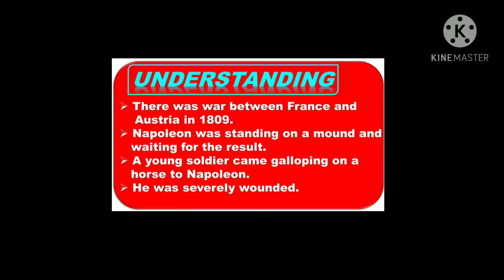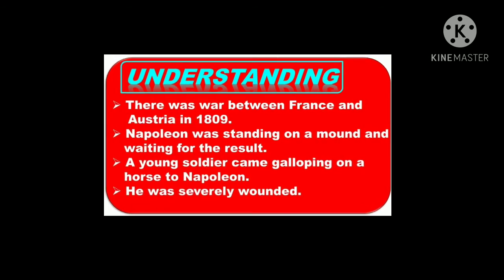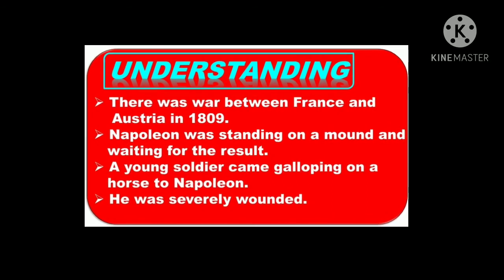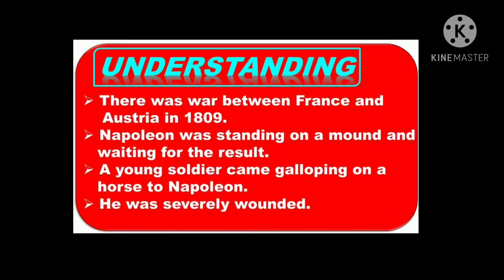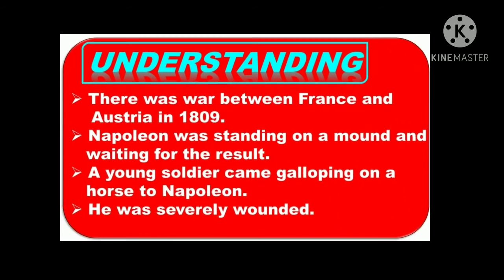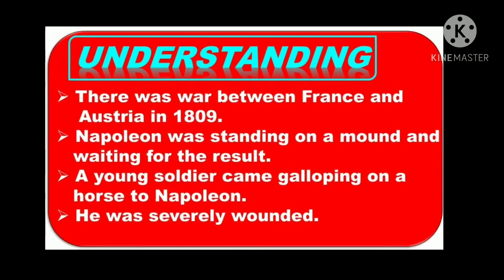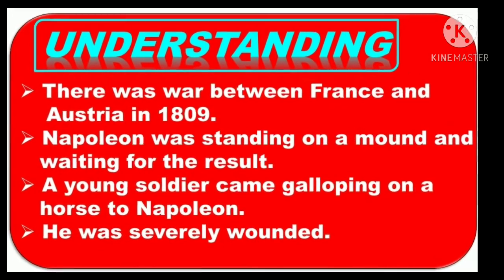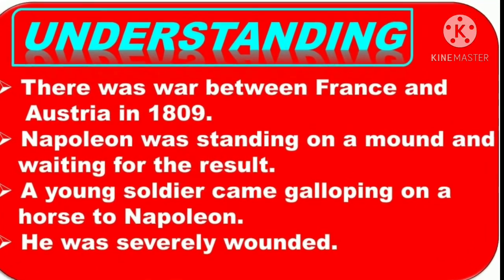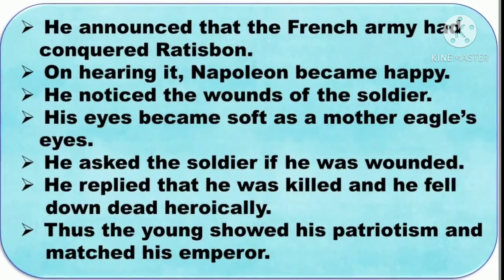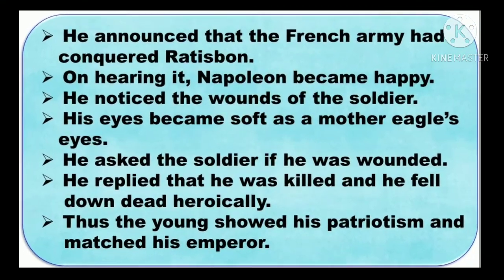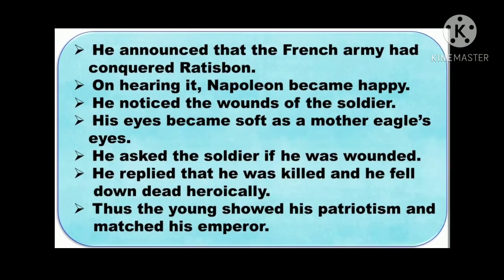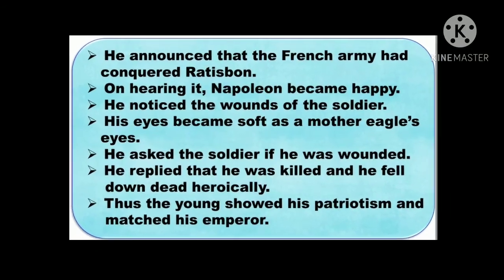Now we'll see a few key points for better understanding. There was war between France and Austria in 1809. Napoleon was standing on a mount and waiting for the result. A young soldier came galloping on a horse to Napoleon. He was severely wounded. He announced that the French army had conquered Ratisbon. On hearing it, Napoleon became happy.